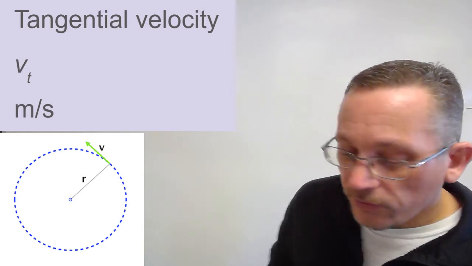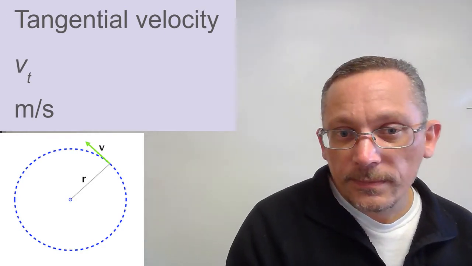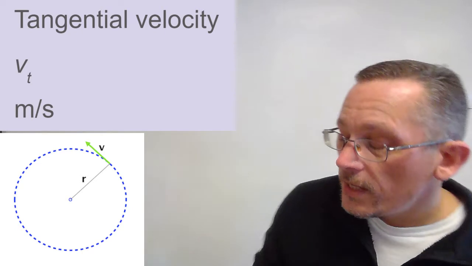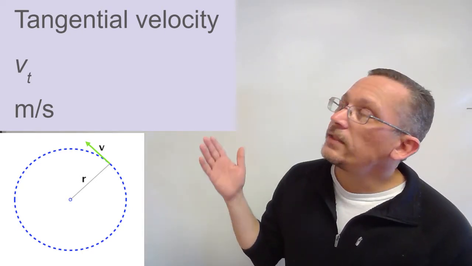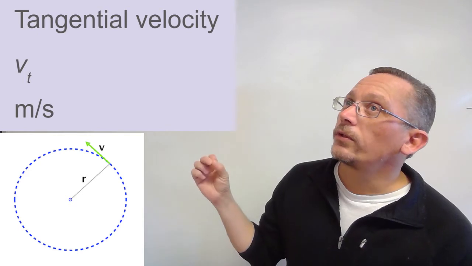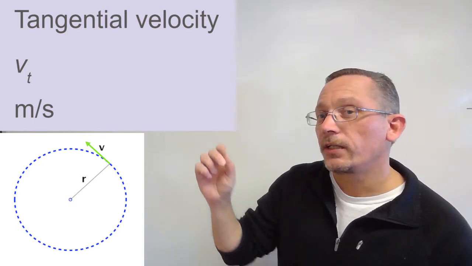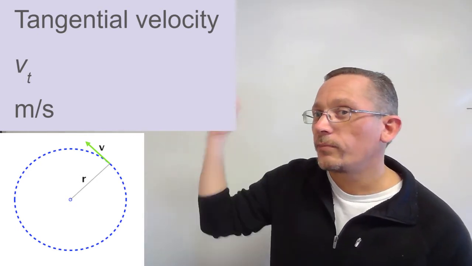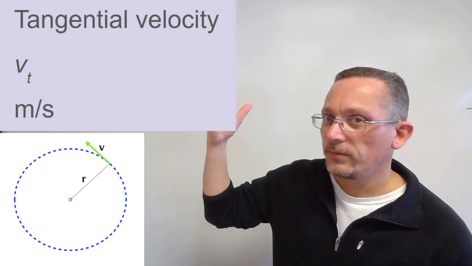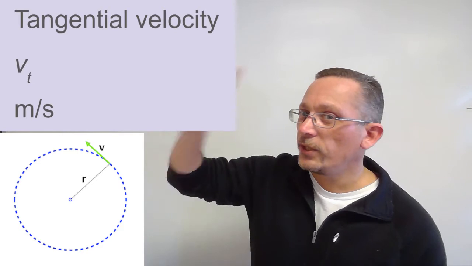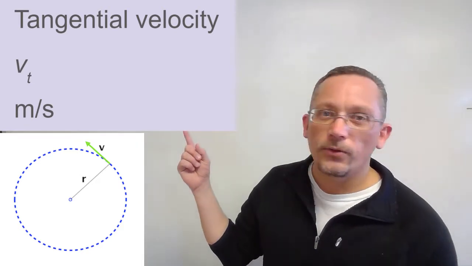The tangential velocity you can think about this way: if I had an object on a string and I were twirling it around above my head and I let the string go, what would happen to the object? Would it keep moving in a circular path? No, it wouldn't.